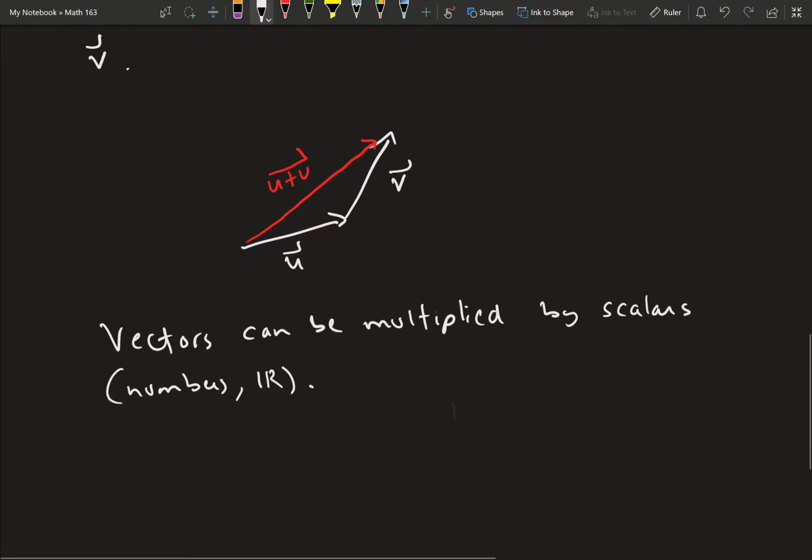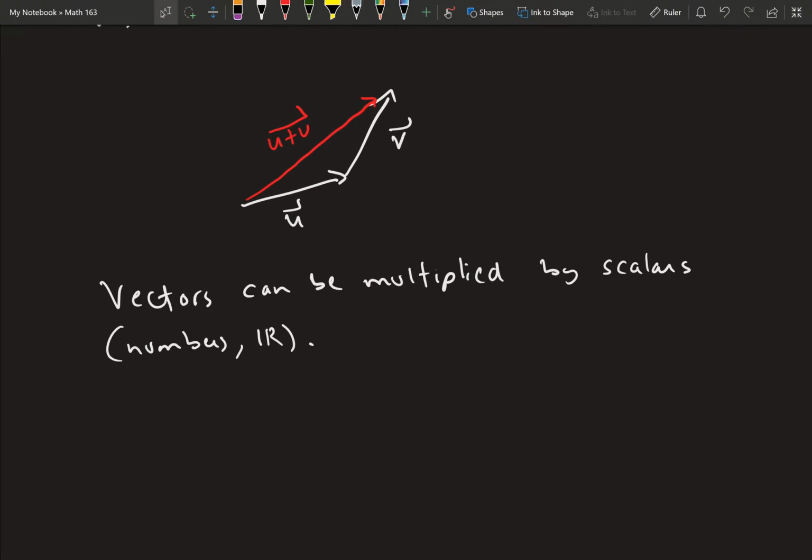So for example, suppose I wanted to find out, if I'm given U and V, what does U minus V look like?